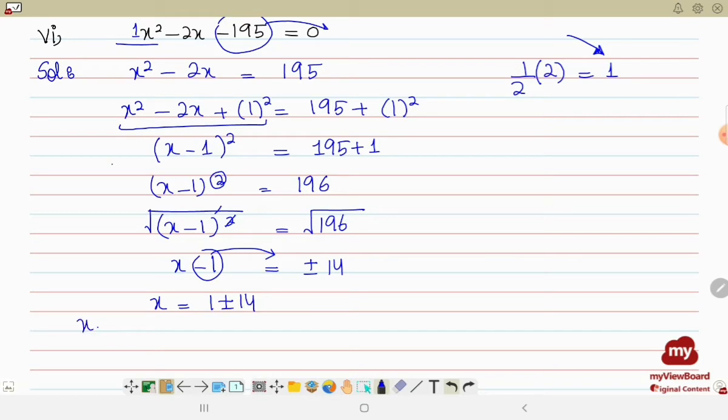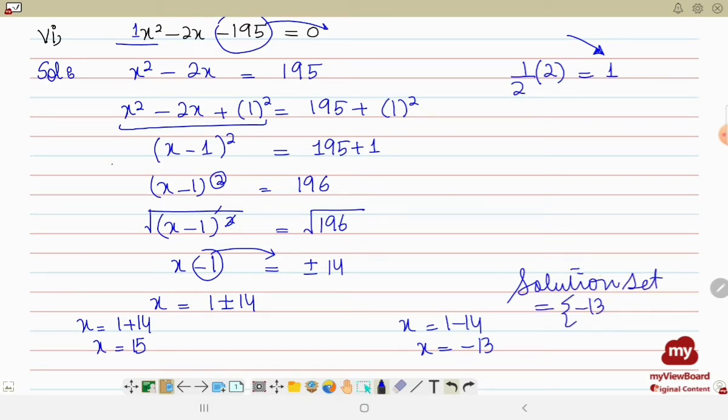Once you write it with the plus sign, and then you write it with the minus sign. So we'll have x equal to 15 and x equal to minus 13. So we got two answers. At the end, we have to write down the solution set, which is minus 13, comma 15, bracket close.